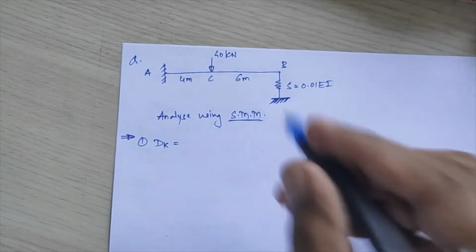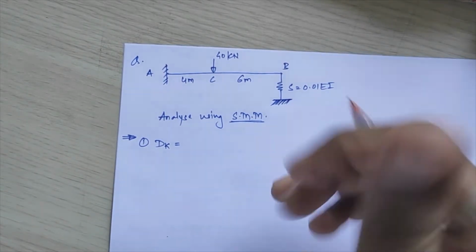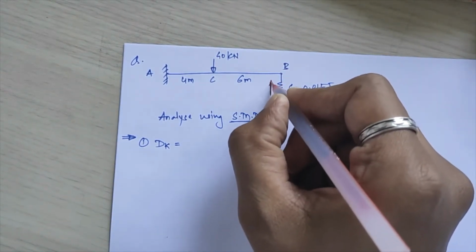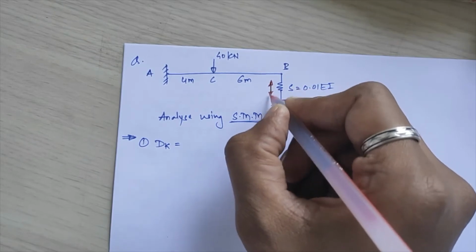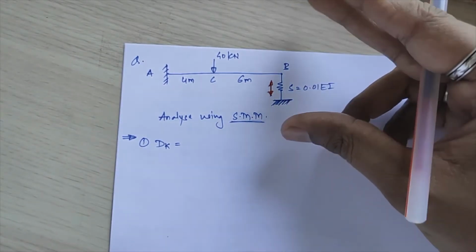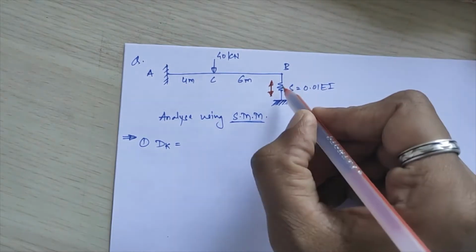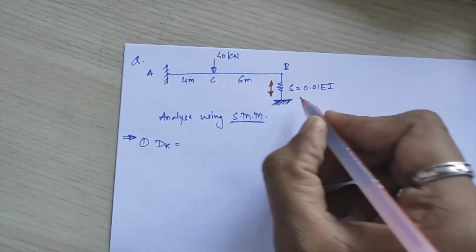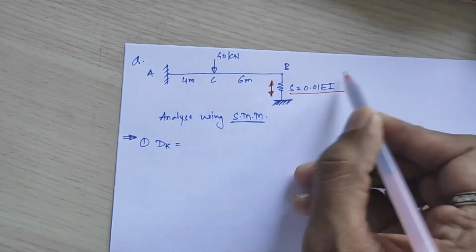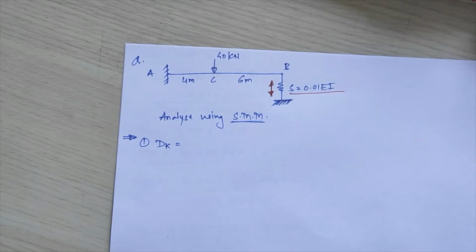Due to this, joint B will follow an upward and downward path, which means the spring will get compressed or elongated. That is why the stiffness of the spring is provided equal to 0.01 of EI, where EI is the flexural rigidity.